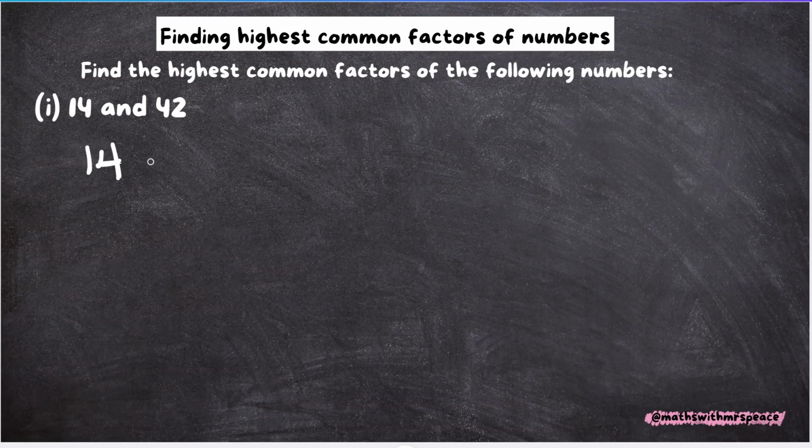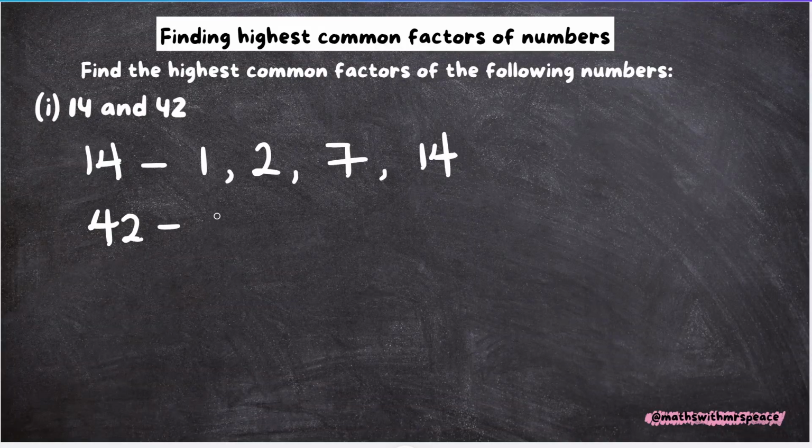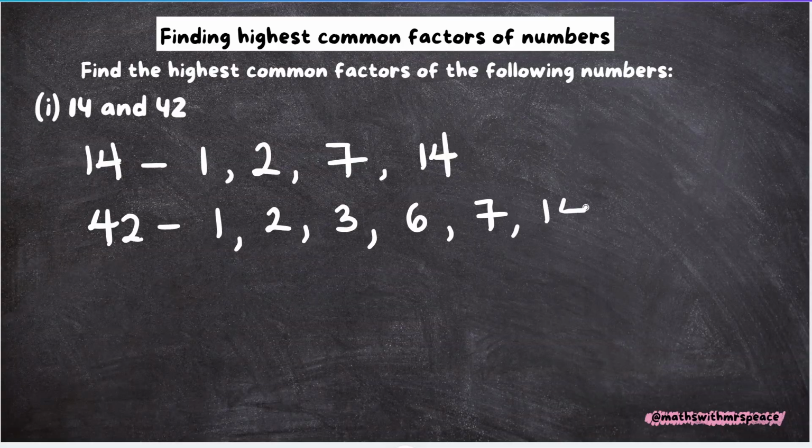So the factors of 14 will be 1, 2, 7, and 14. The factors of 42 will be 1, 2, 3, 6, 7, 14, 21, and 42 itself.